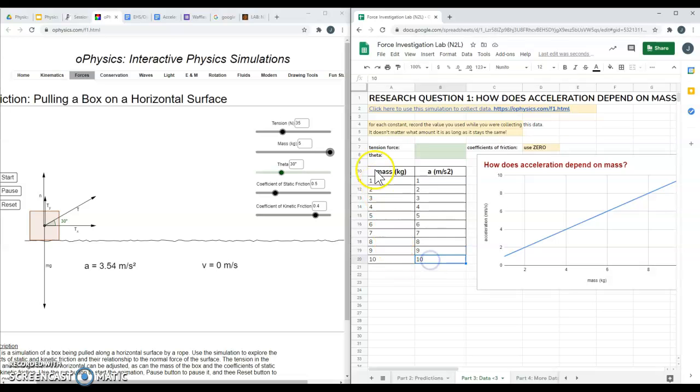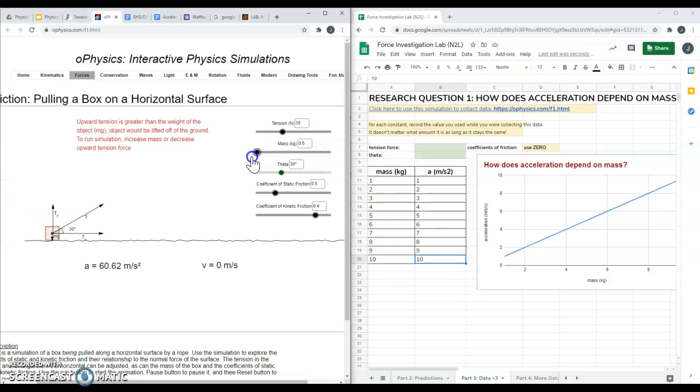So what I'd like you to do is to choose steady values that you can use to increase as you go up here. So you may decide to do half weights. You may decide to do quarter weights in order to measure up all of the masses here.